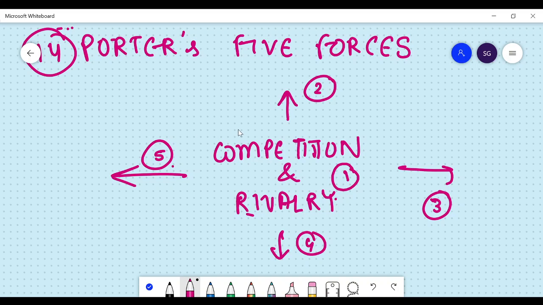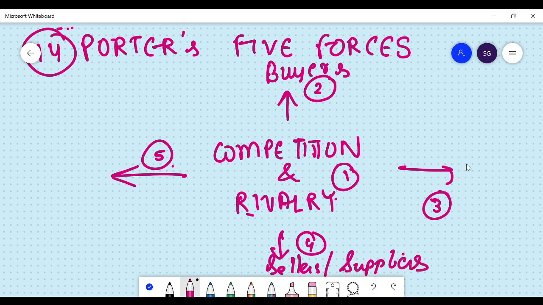So competition and rivalry is the first factor, and the competition is between buyers, because the buyers have a bargaining power. So that is a force. Second is the bargaining power of sellers or suppliers.